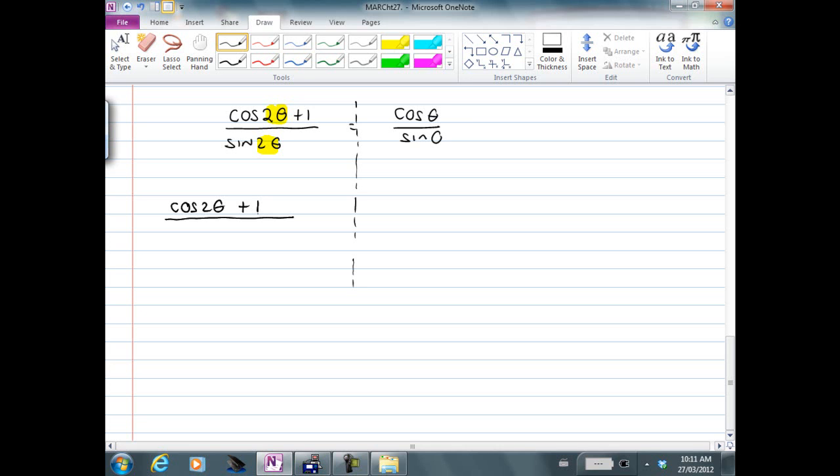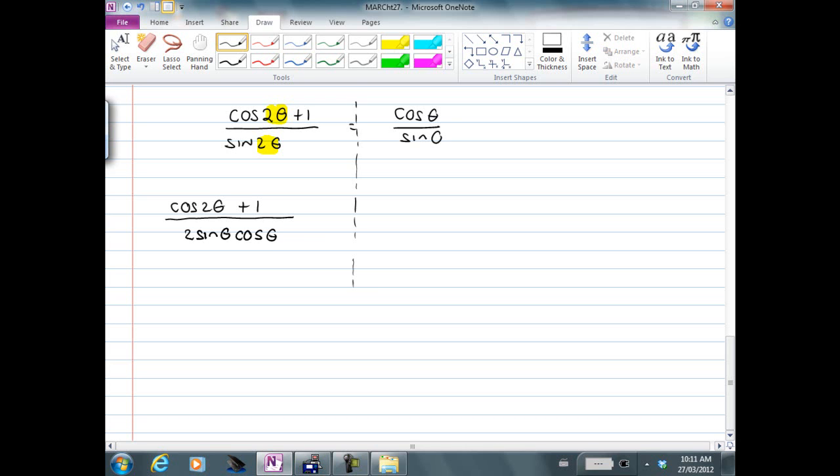I'll show you the trick to do it. Sine 2 theta equals, Randy, what does sine 2 theta equal? Look up. 2 sine theta cos theta. I don't need a formula sheet. You use more time looking at a formula sheet than using your head. See, I use it. I don't even have to think about it.